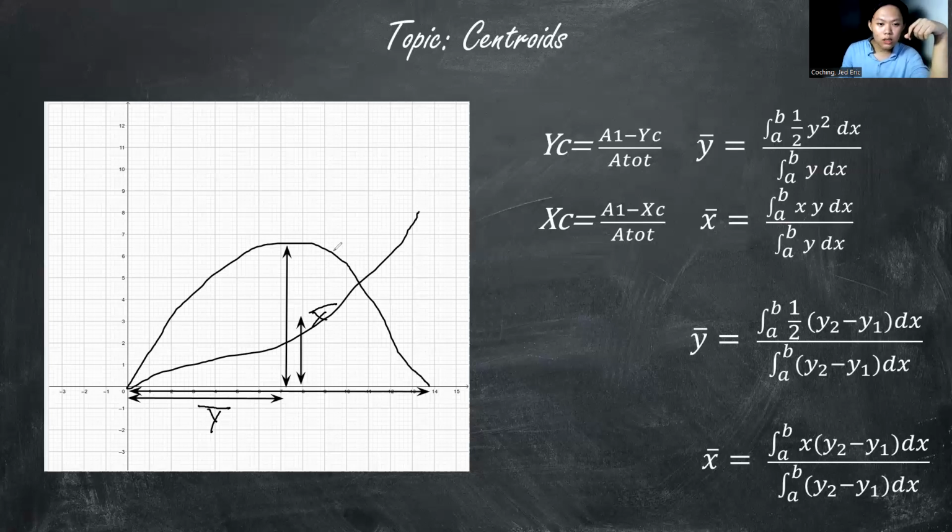So this is y2 and this is y1. As you can see here in the area between curves, the upper curve is y2 and the lower curve is y1. So just fully input it in the formula so that you can get the centroid of the area between curves.